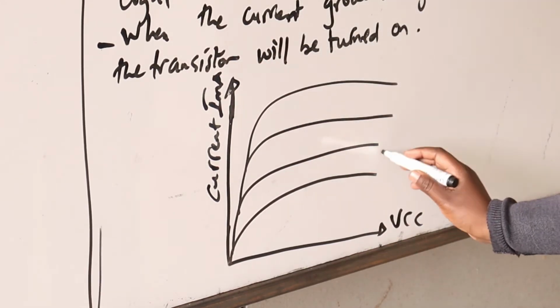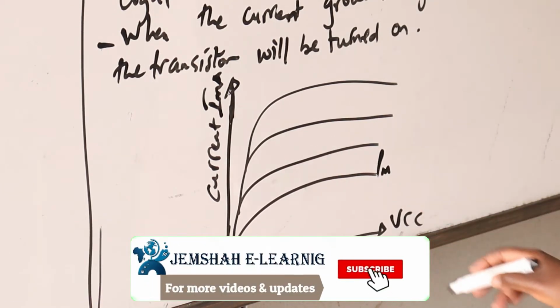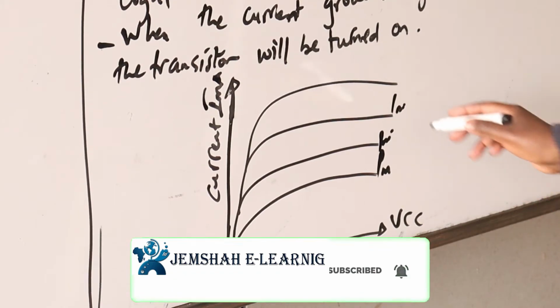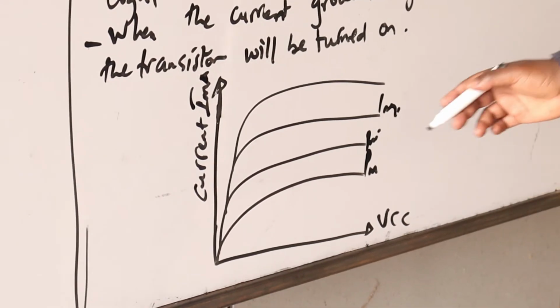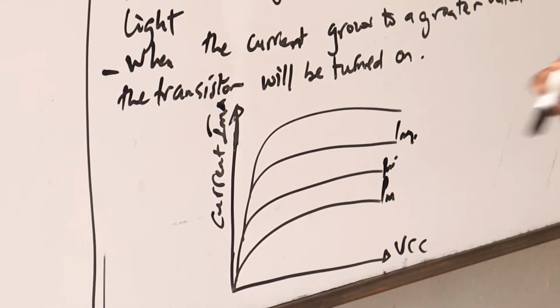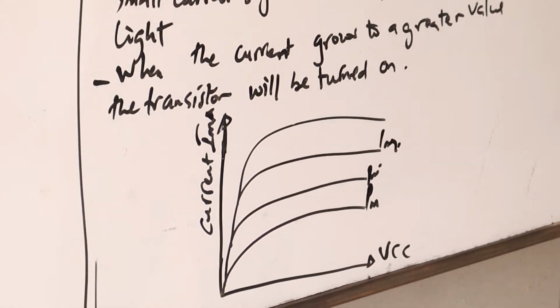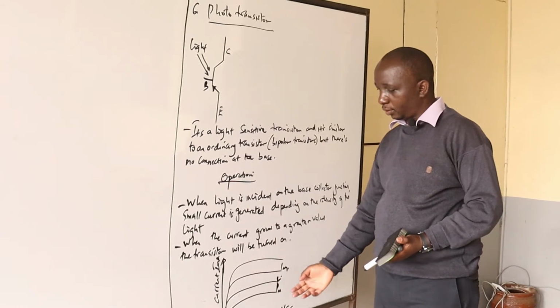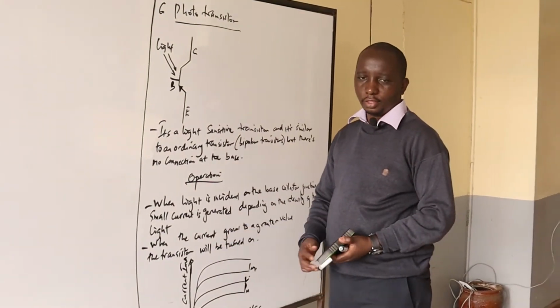This is how the characteristic appears. So it becomes very easy to understand that this is the light intensity. When light increases, we're increasing the current across the junction.